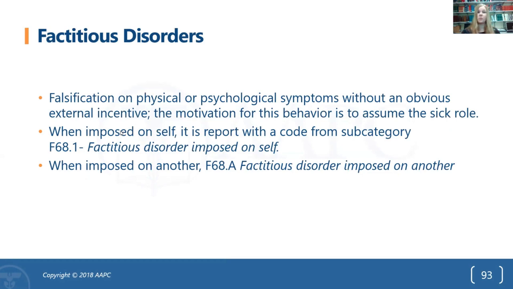When it's imposed on someone else, like in the case of Gypsy Rose, that would be F68.A, factitious disorder imposed on another, and it is reported on the perpetrator's record. The victim's record should reflect a code from subcategory T74, adult and child abuse, neglect, and other maltreatment confirmed, or T76, which is adult and child abuse, neglect, and other maltreatment suspected.